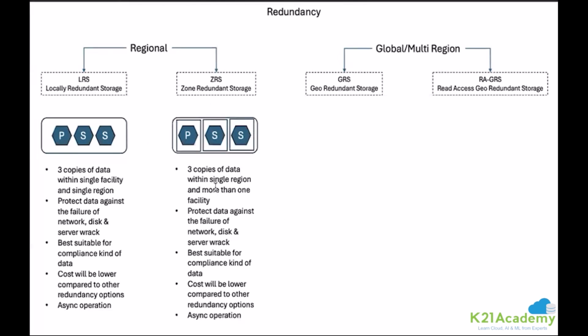The data gets replicated across the availability zones. If you have 3 availability zones in that location, then Microsoft will make 3 copies of data, one each in the respective availability zones. It protects against failure of network, disk, server rack and all that, and zone level.